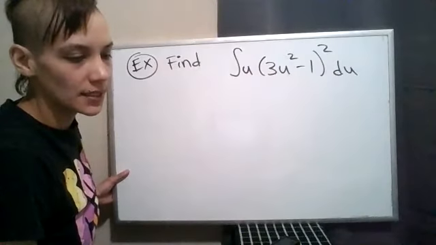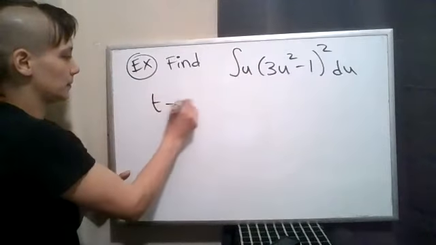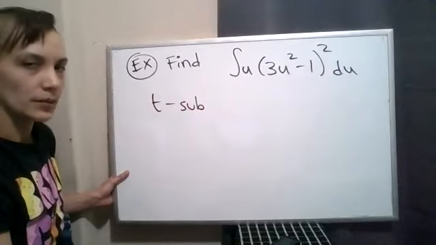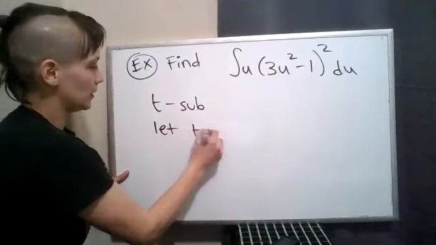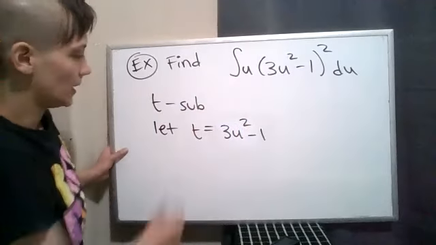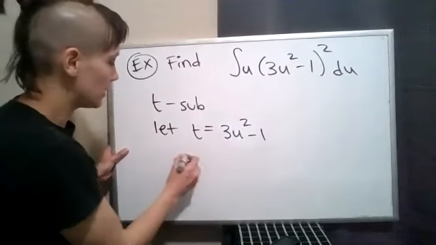So let's pick t. So let t equal 3u squared minus 1. Take the derivative, dt du, derivative of t with respect to u.